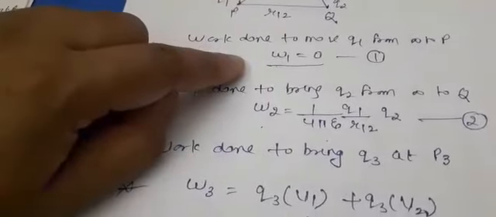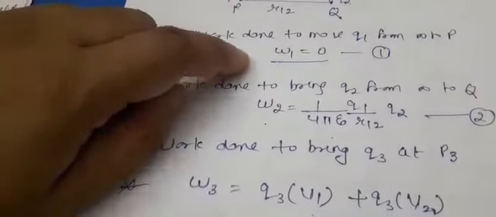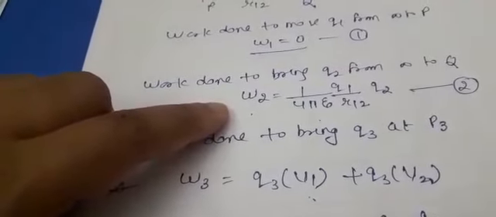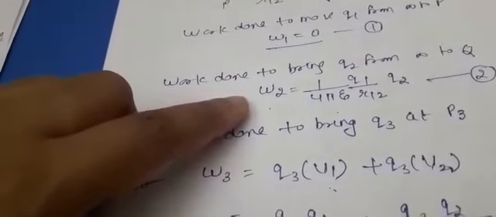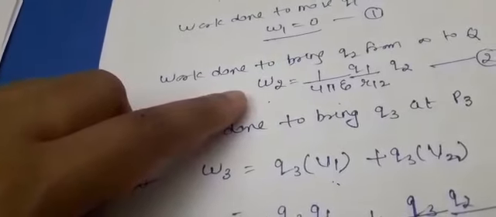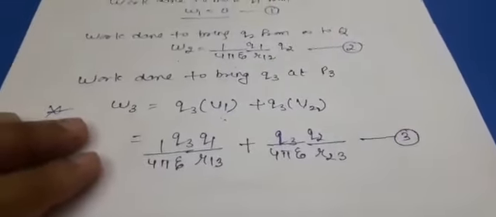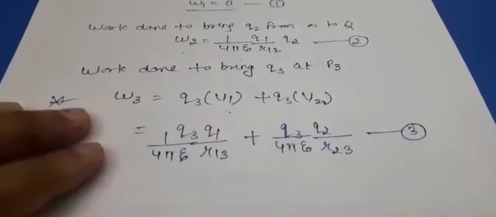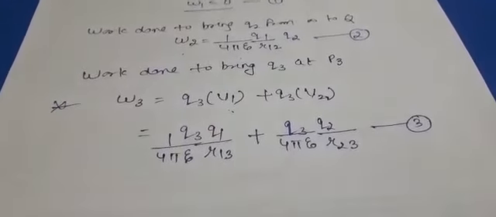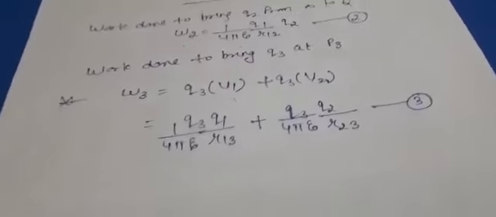So initially, for moving charge Q1 to point P, no work is done. For Q2 to point Q, some work is done under the influence of charge Q1. When Q3 enters the region where the potential due to the first and second charges is present, the work done will be this way. So now what is the total work done?